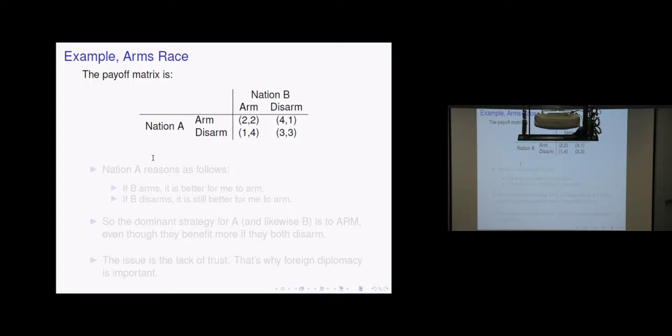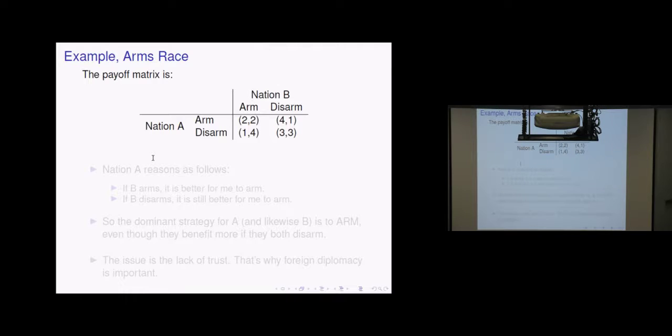They can save money to do other things. So they'll get 3-3. So this is the payoff. Now, the analysis of this game is exactly the analysis of the prisoner's dilemma, because you see we have a dominant strategy.